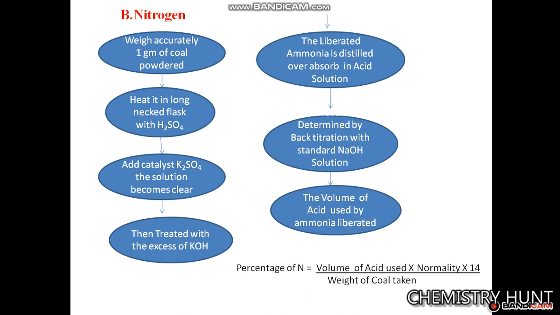So we are able to calculate the percentage of nitrogen, that is the volume of the acid used, which we can determine after the back titration, into the normality, into 14 upon weight of the coal taken. In this way, nitrogen is being calculated. Now this 14 we have taken is for nitrogen.